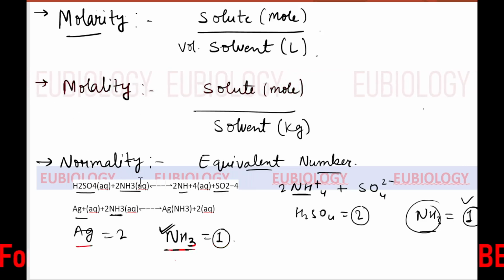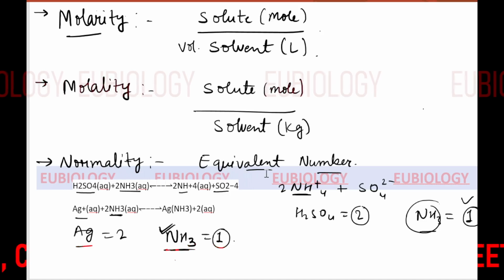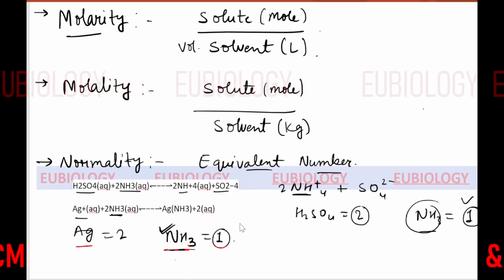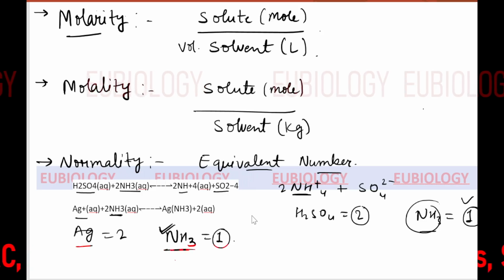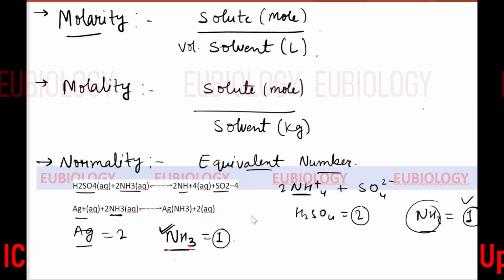Now, normality. What does it mean? Before understanding normality, we have to understand the equivalent number. What is it? Suppose you have two arrows and one target.